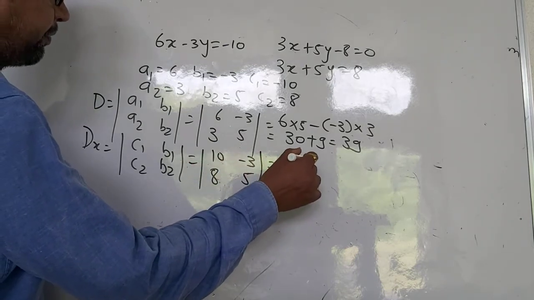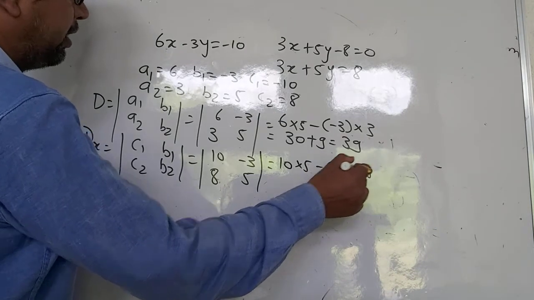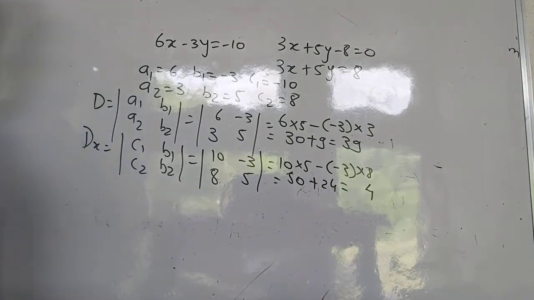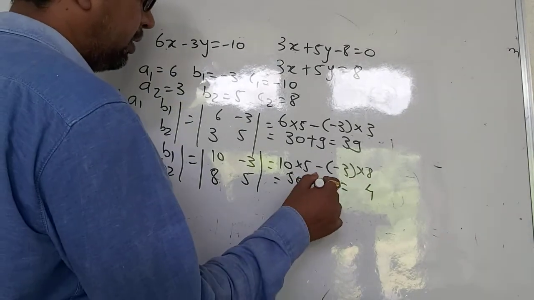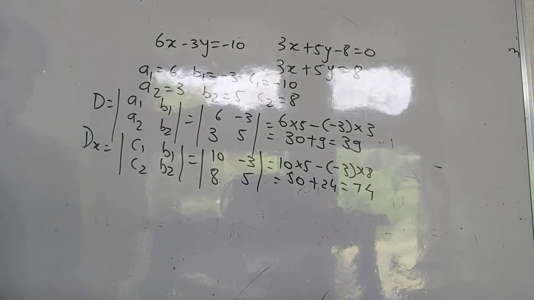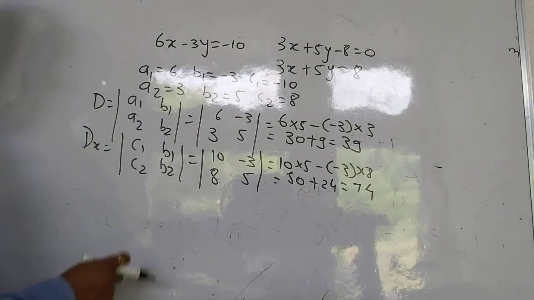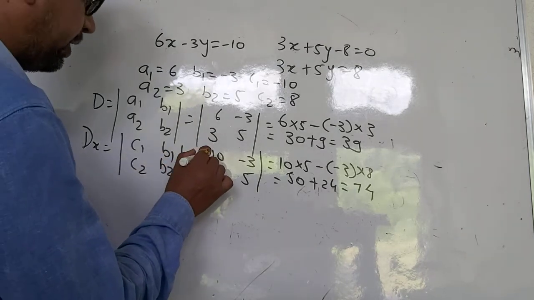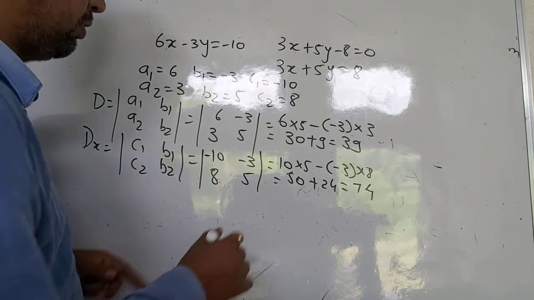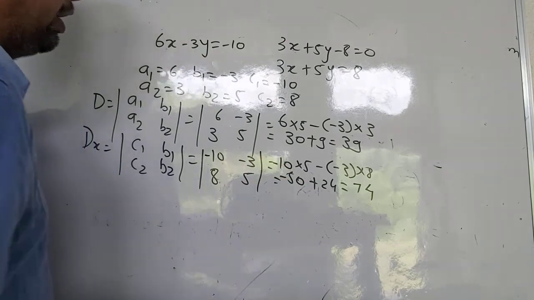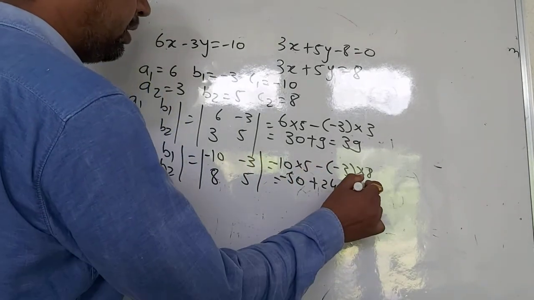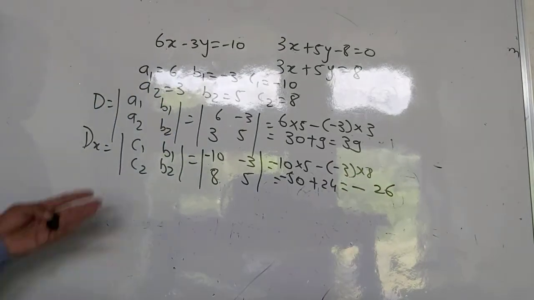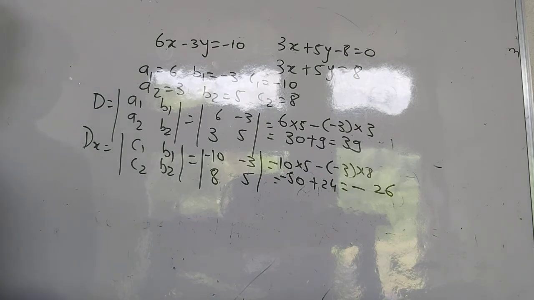Cross multiply: minus 10 into 5, minus in bracket minus 3 into 8, so minus 50 plus 24 means negative 26. That is right, it should be a multiple of 13 here.